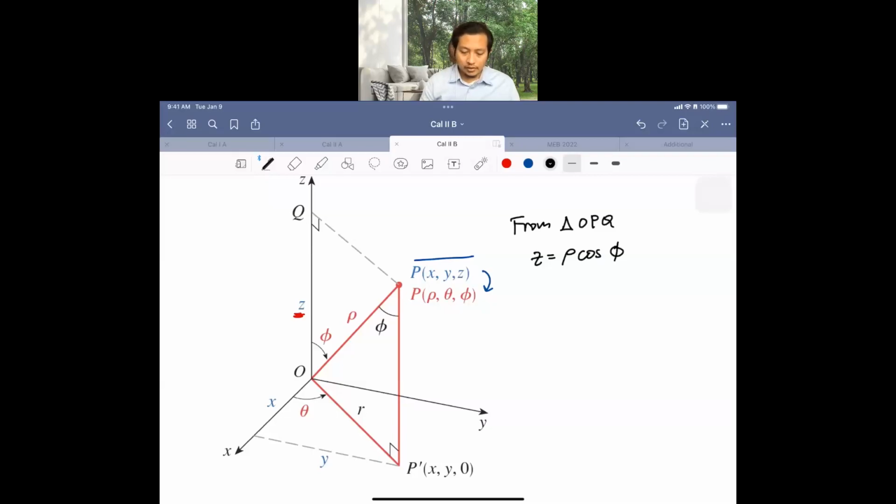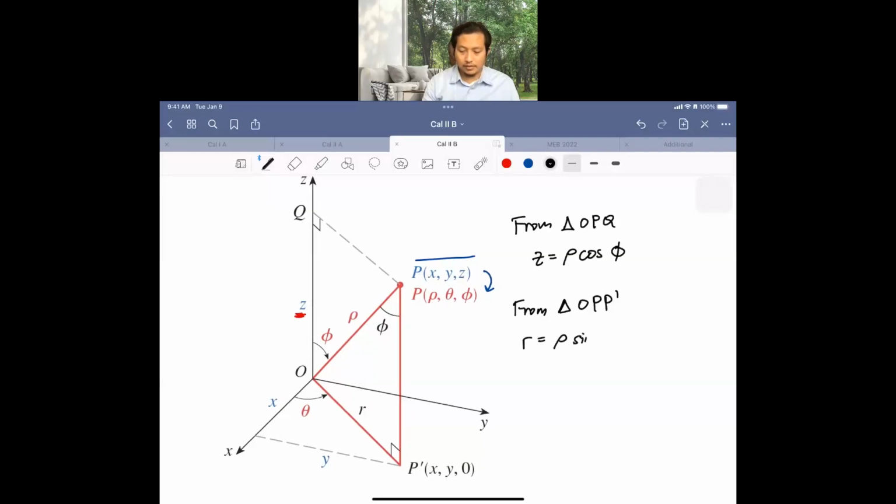And from triangle OPP prime, we could define r as rho sine psi.